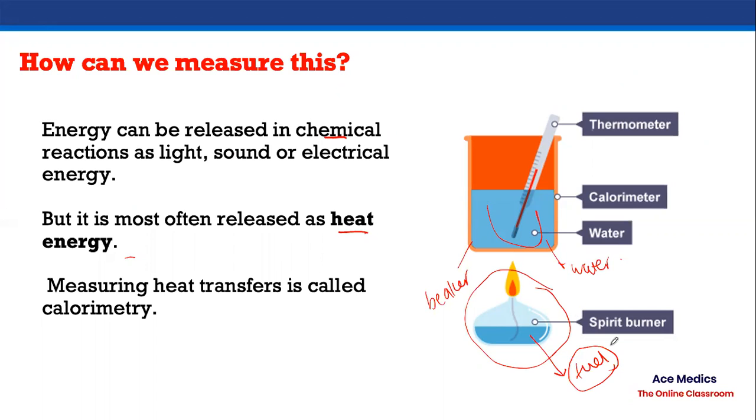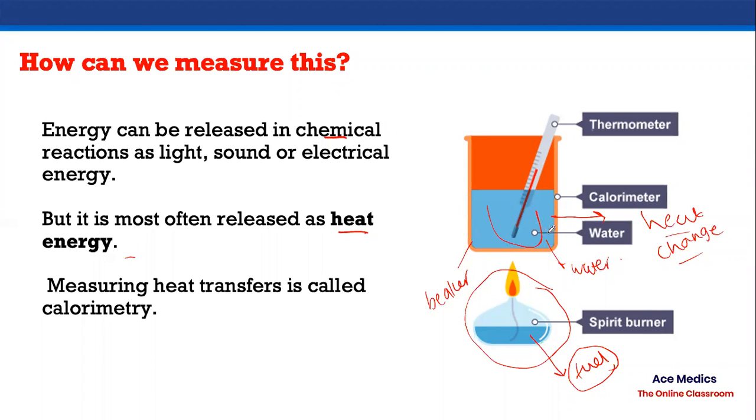You can try and see which one gives out the bigger energy change. So you'll heat up this water, but because you're trying to measure the heat change, at the beginning you'll measure the temperature before you put the fuel under the spirit burner.